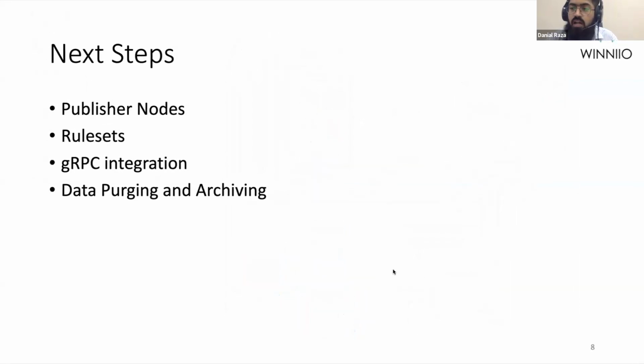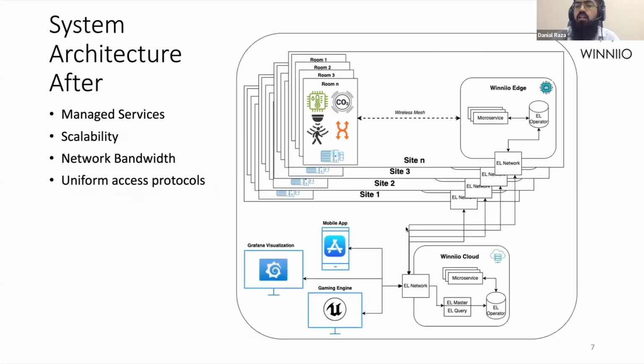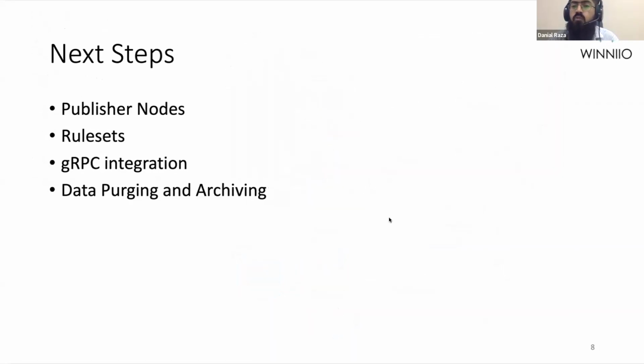What other steps are we currently working on? We have our architecture much simplified, but as I said in the starting, we have only currently implemented EdgeLake. We are looking into Anylog, and with Anylog, we get the added benefit of publisher nodes.